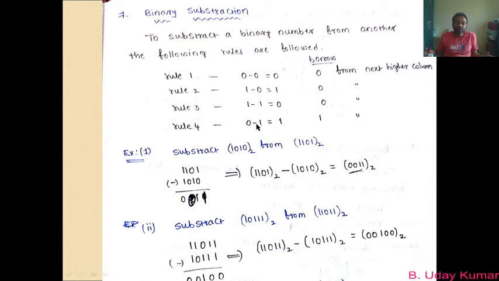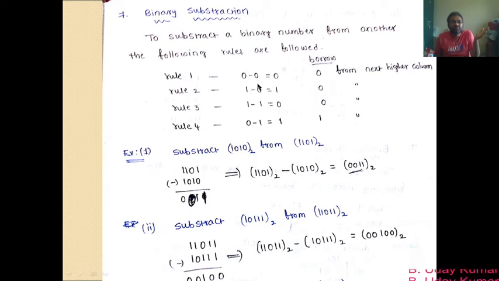That means you can subtract a bigger digit from a smaller digit by borrowing 1 from the next higher column. That is shown under the borrow column. When you subtract 0 from 0, you get 0 and the borrow will be 0. That means you need not take any value from the next higher order column.